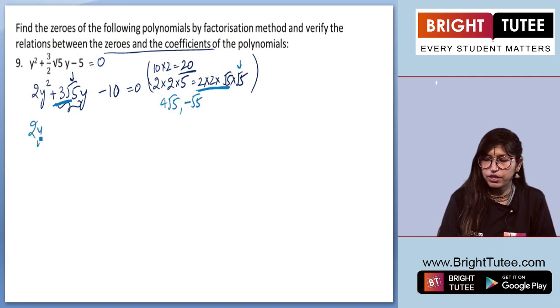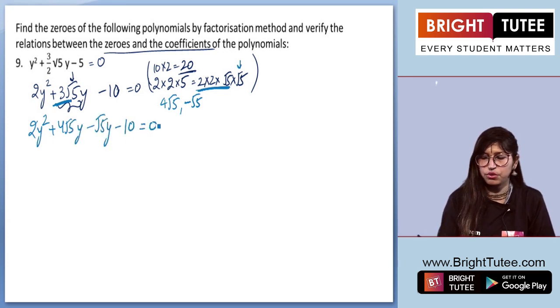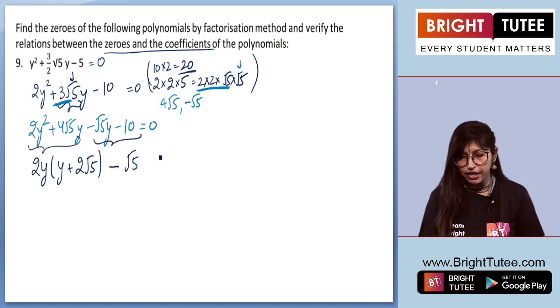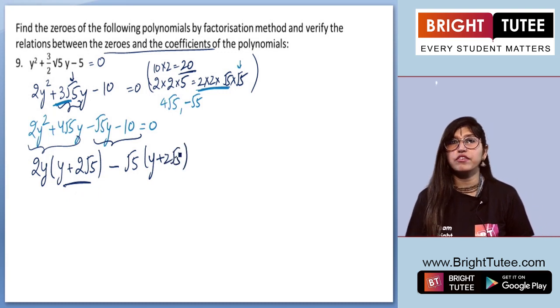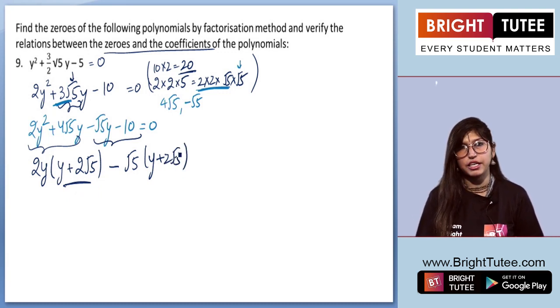So we'll write it down as 2y square plus 4 root 5y minus root 5y minus 10, which is equal to 0. Root 5 common as well to make it y plus 2 root 5, as 2 root 5 into root 5 will be 10, which we'll be getting over here.